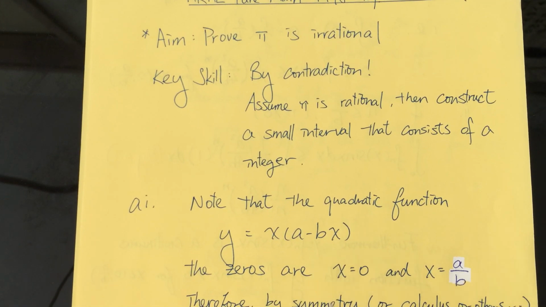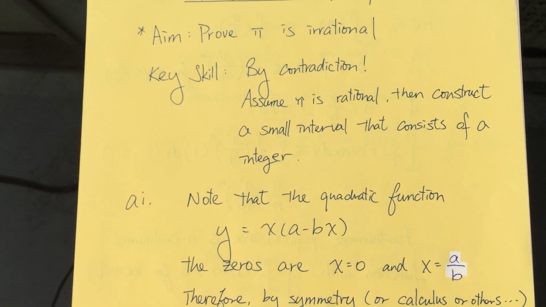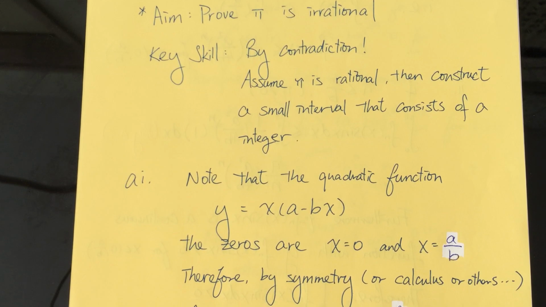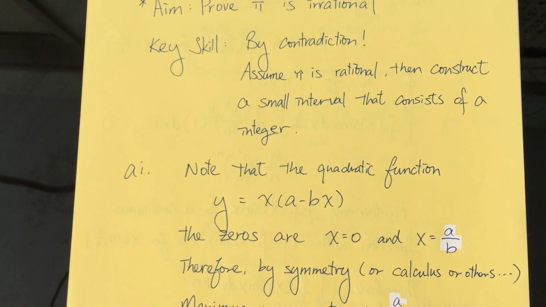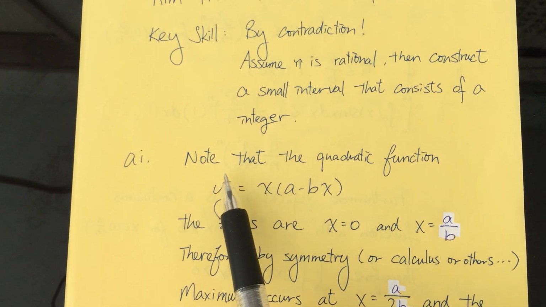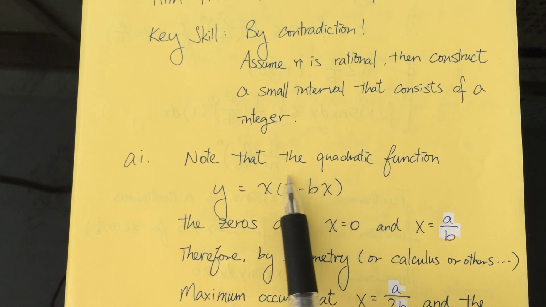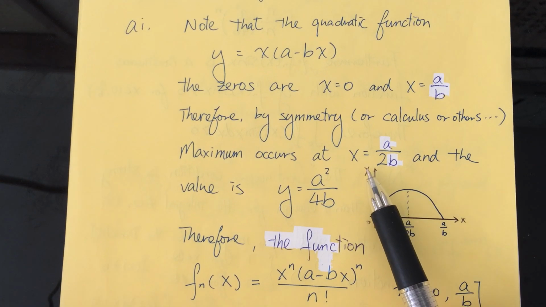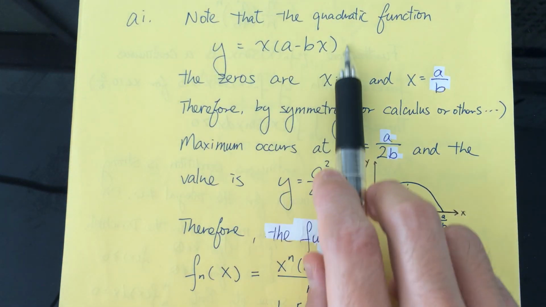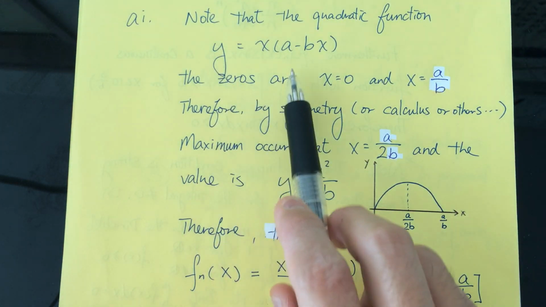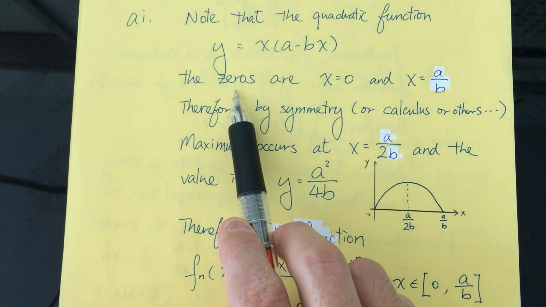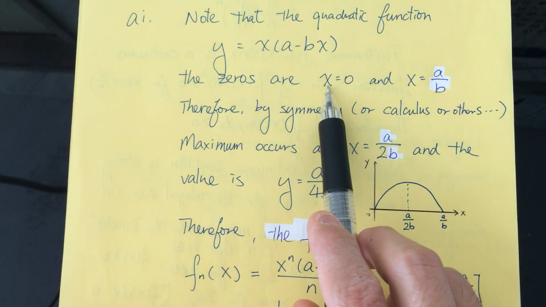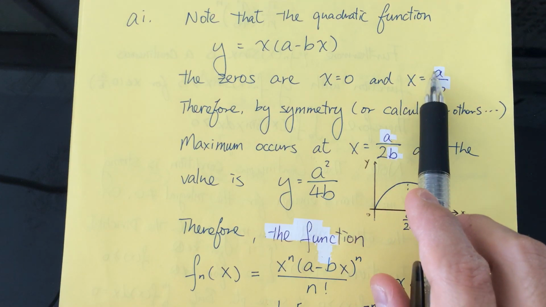Alright, this is not hard to prove. We consider this function, which is a quadratic function. This function has zeros at x equals 0 and x equals a over b.